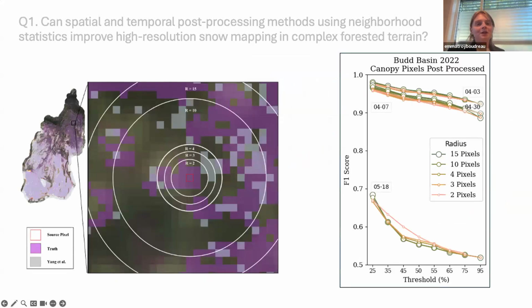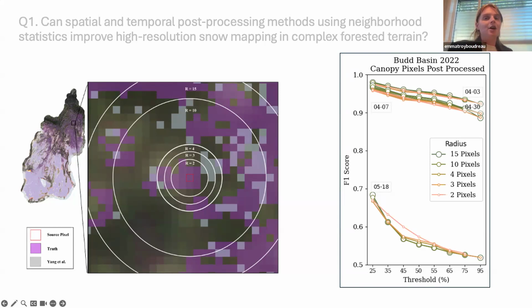And so in testing our question one, which is, can spatial and temporal post-processing improve these maps? We wanted to figure out, okay, yes, we can use this spatial and temporal post-processing, but what makes the most sense for our neighborhood size and this threshold of required pixels? And so we use this F1 score that I talked about with Yang et al.